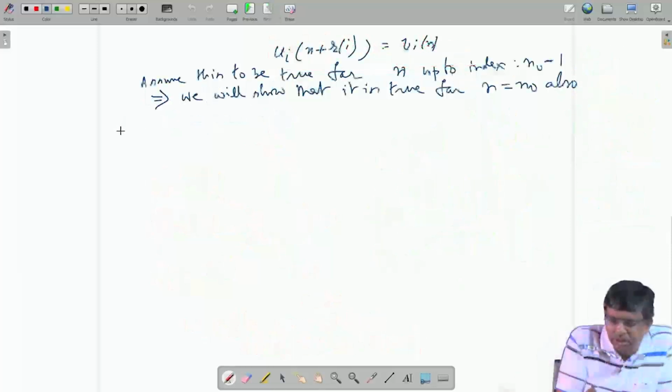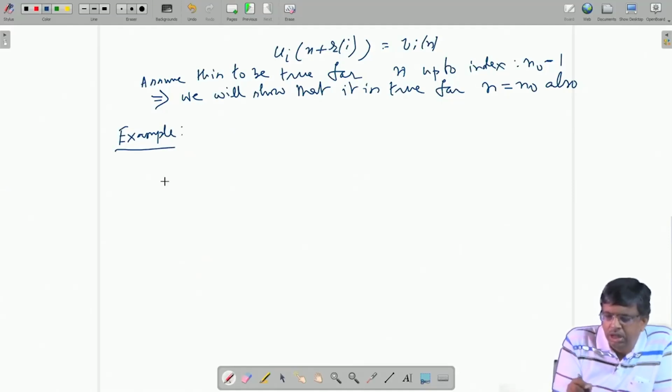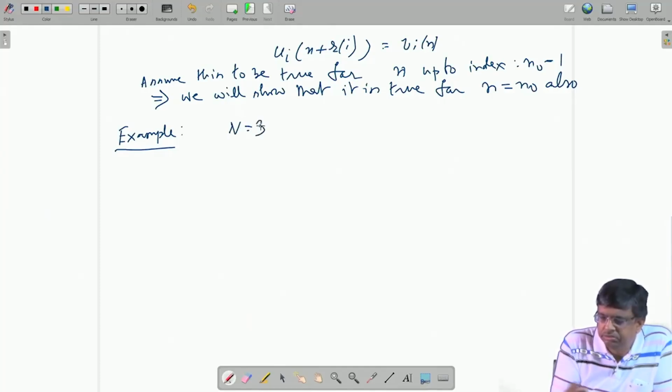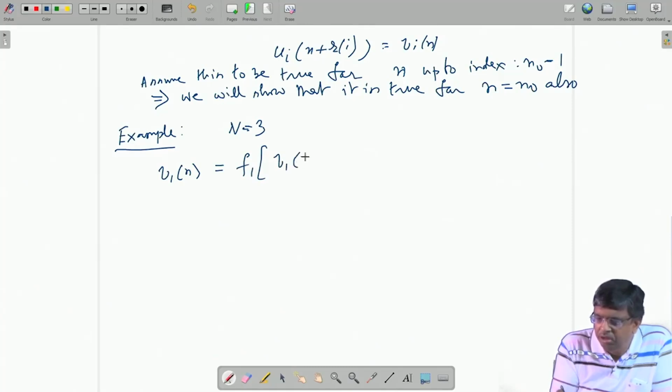Take an example of that case, and so we say n equal to, suppose, 3. Okay, n equal to 3. So, I have got 3 nodes, say V1n, which may be F1, V1n minus A11, sorry, I is 1 here.